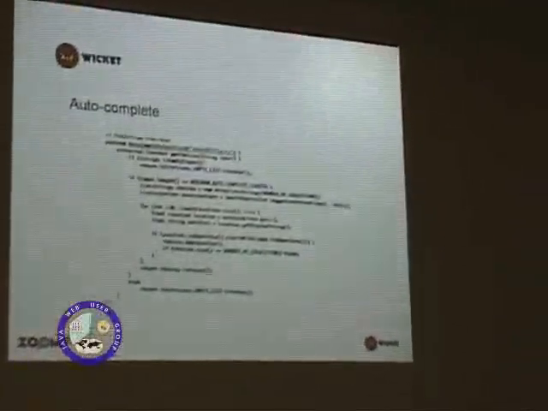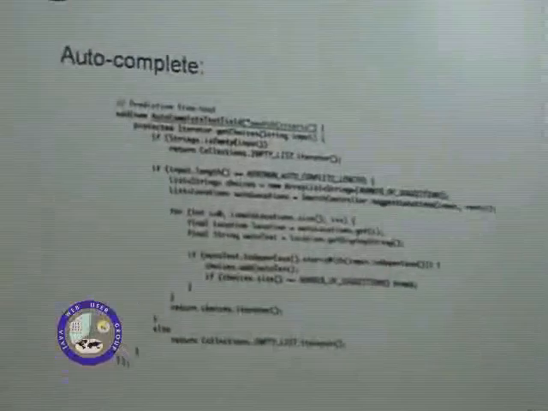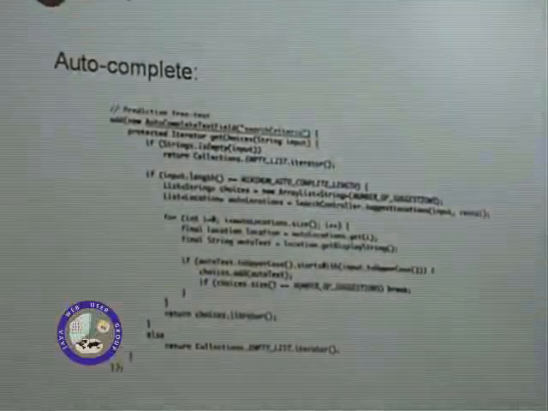So the autocomplete, the drop down we saw at the start. Can everyone read that? I don't need to make it a bit bigger? Is that alright? Zoom it a bit. Yeah, magnify it a bit.